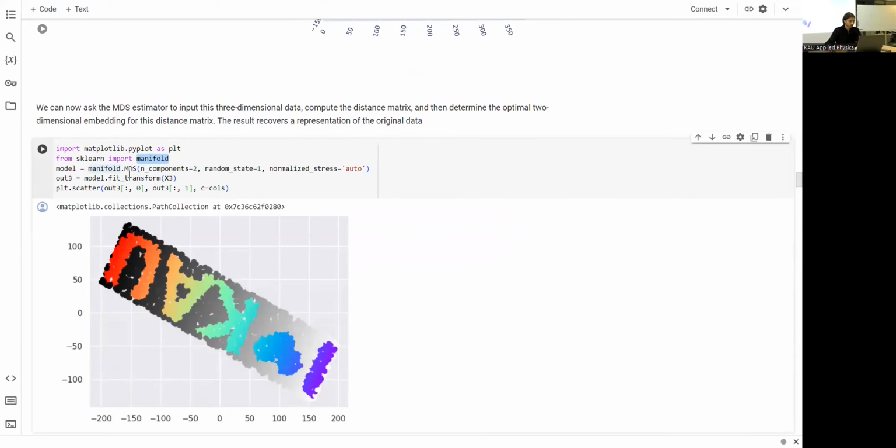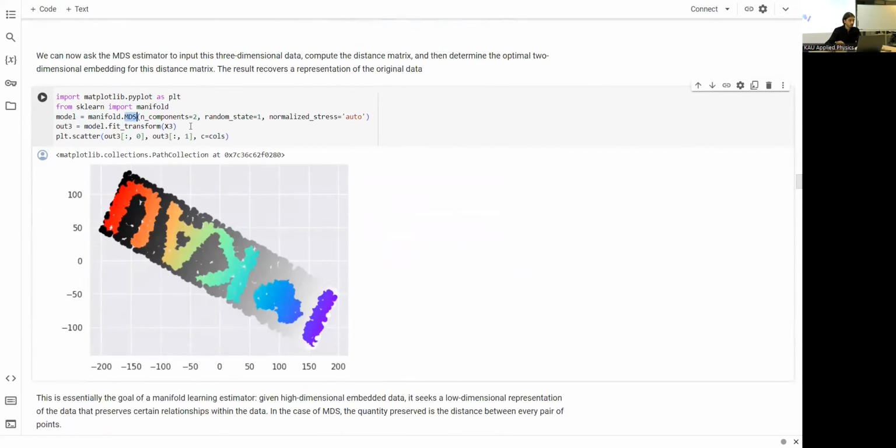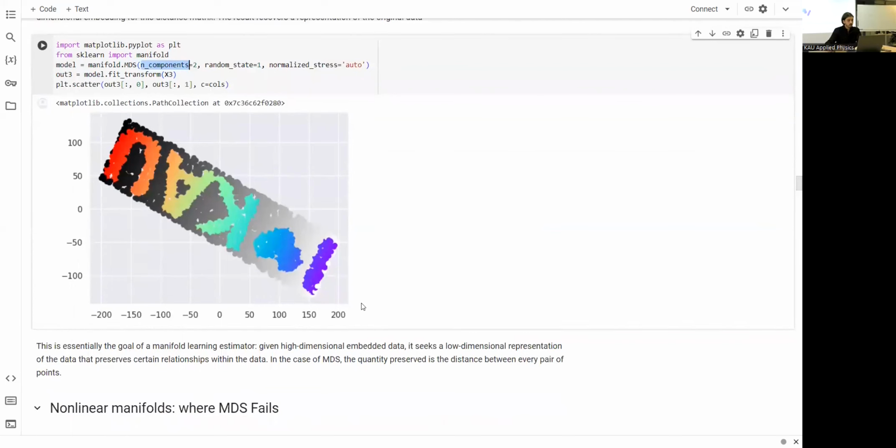In sklearn you have manifold.MDS, defining the number of components that you want to have. And this is the result that we get. We see that MDS is able to handle the problem of a plane. If we have a plane in three-dimensional space, it's perfectly able to put that into two-dimensional space. That's really nice.